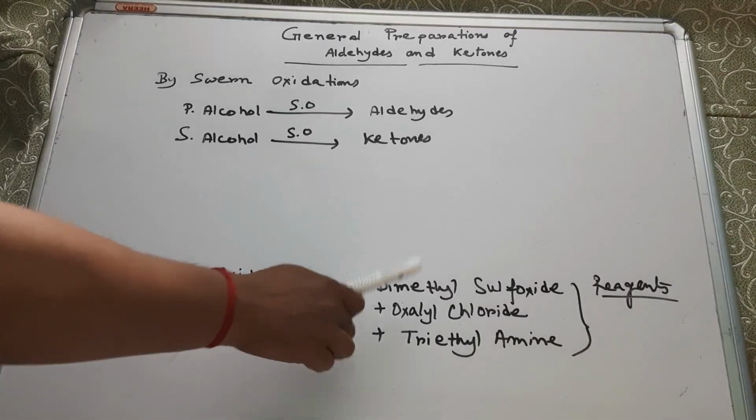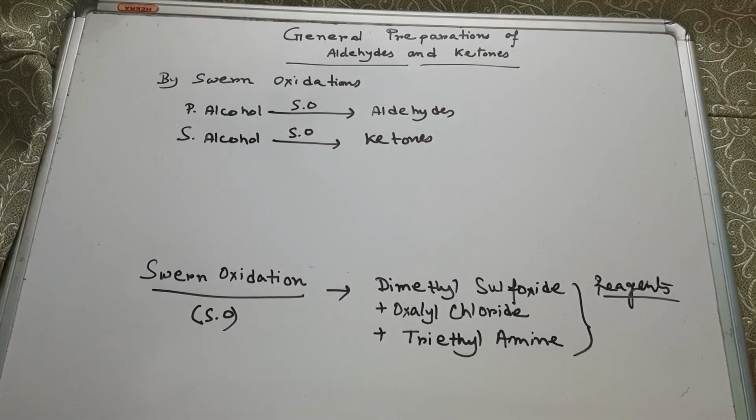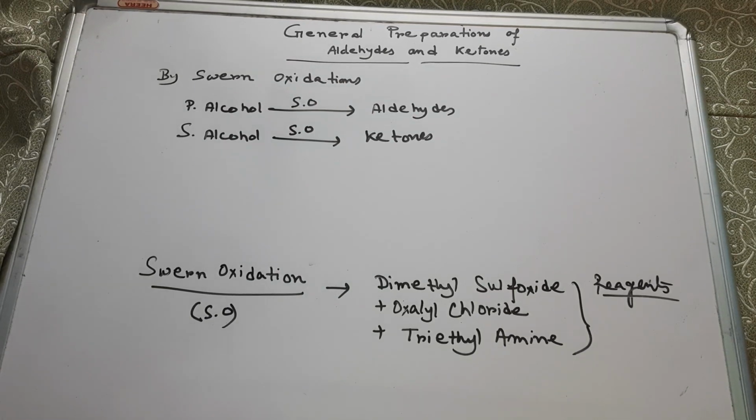So we have to remember the reagents in Swern oxidation. What are the Collins reagent? What are the Jones reagent? You have to remember.